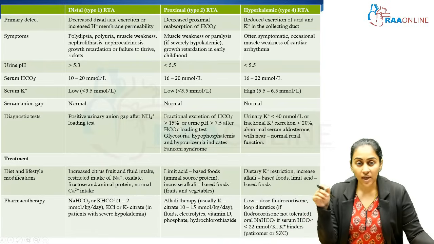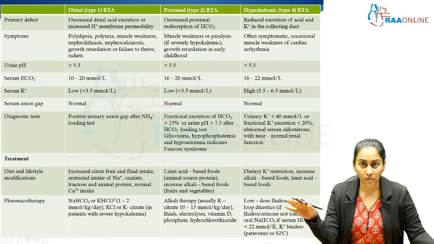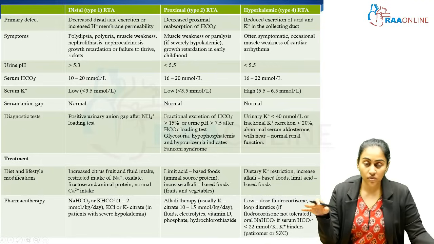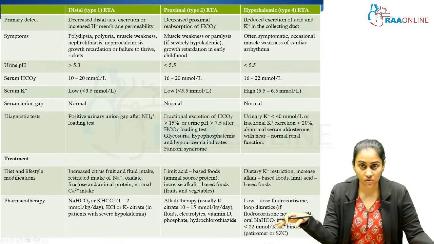Remember, both in type 1 and type 2 there is going to be normal anion gap metabolic acidosis, there is going to be hypokalemia, that is common to both, and type 2 is because of a bicarbonate reabsorption defect. So, between the two, which is different? In distal renal tubular acidosis, there is also going to be hypercalciuria and hypocitraturia, which promotes nephrolithiasis and nephrocalcinosis. Now, this is not seen in proximal renal tubular acidosis.